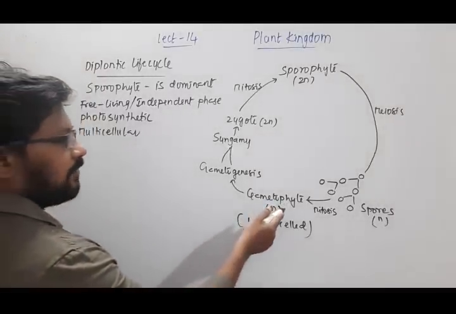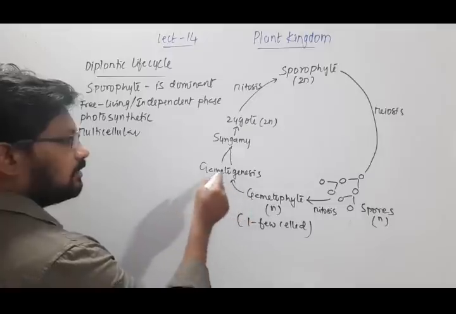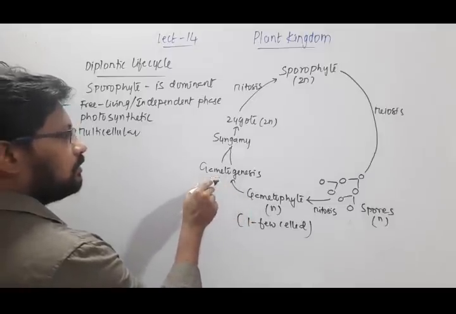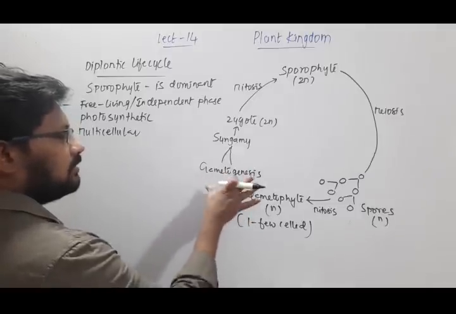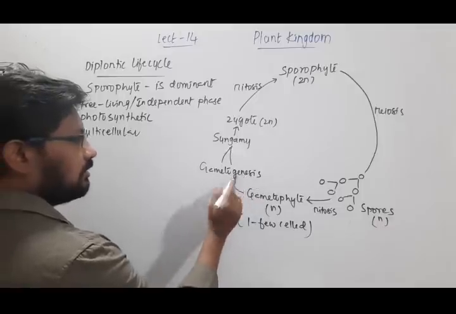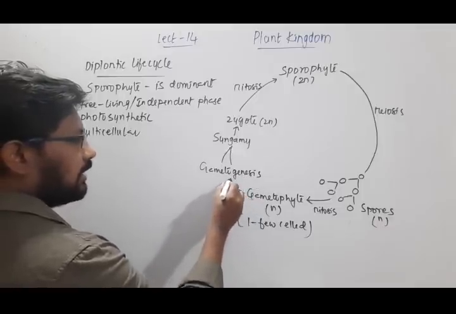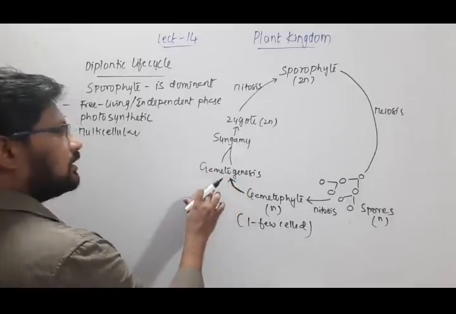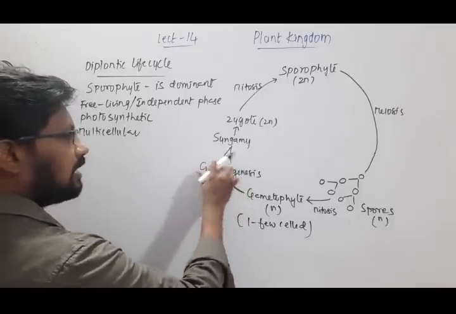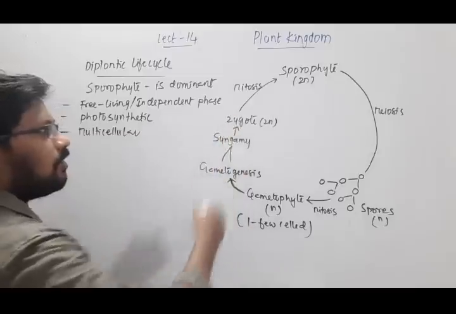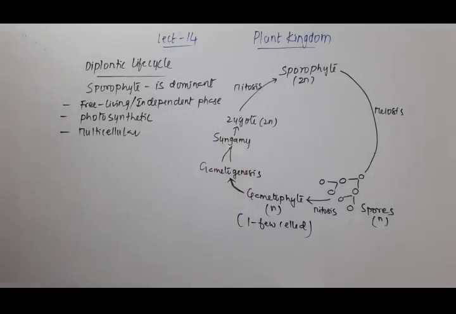The gametogenesis is the formation of male and female gametes which unite to form zygote.